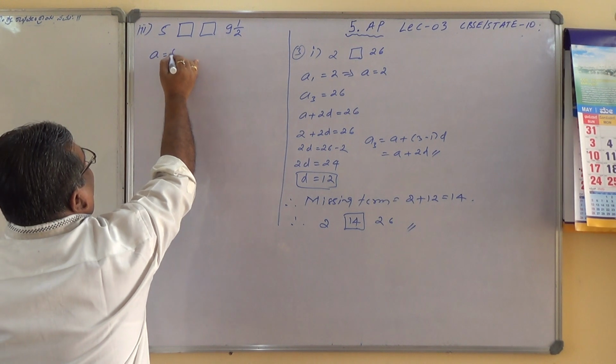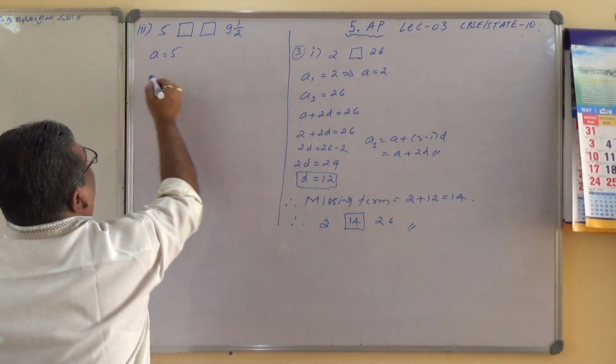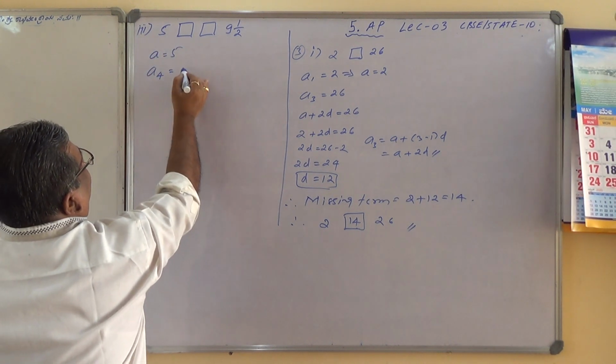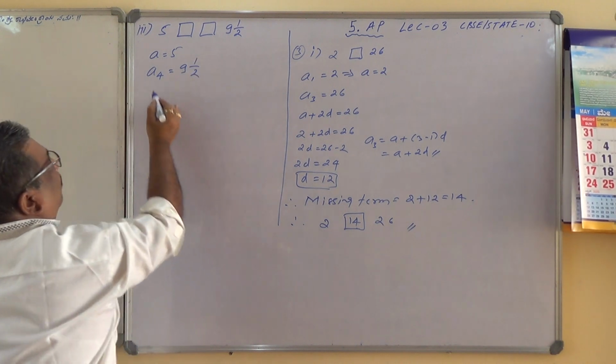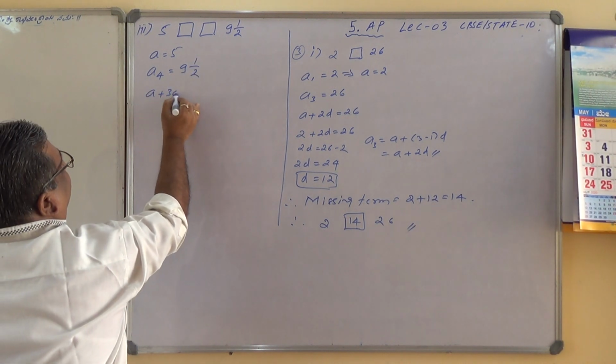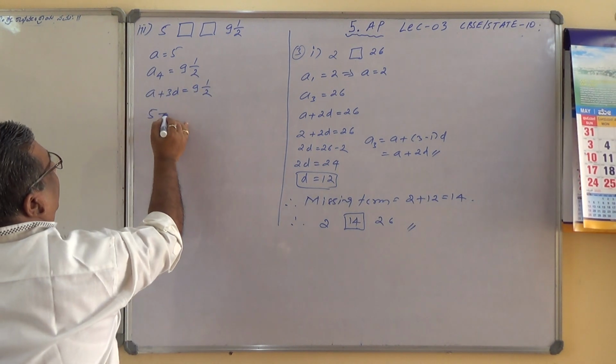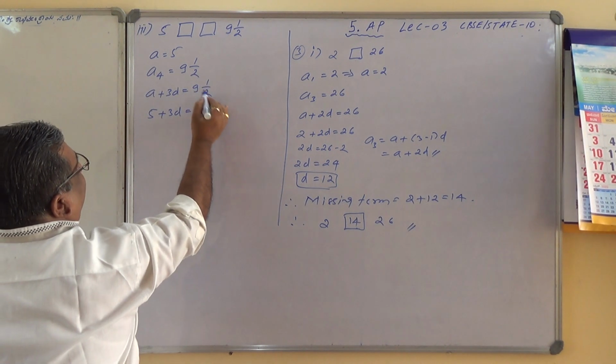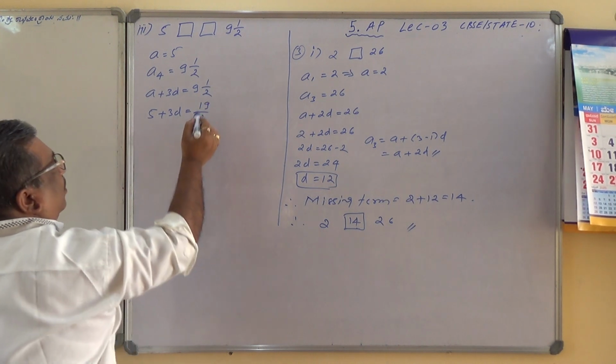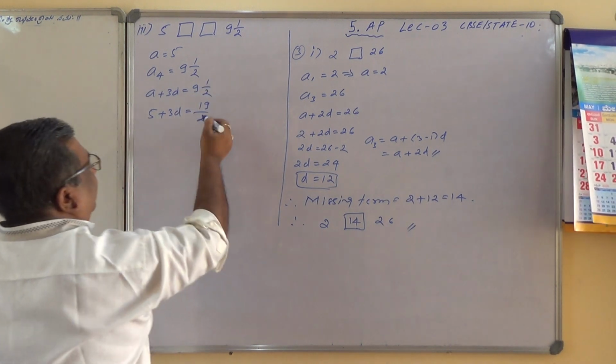A equals 5, 1, 2, 3, 4. The fourth term A4 equals 9 integer 1 by 2. What is the fourth term? A plus 3D equals 9 integer 1 by 2. A is how much? 5. 5 plus 3D equals 19 divided by 2. 9 twos are 18, plus 1, 19 divided by 2.